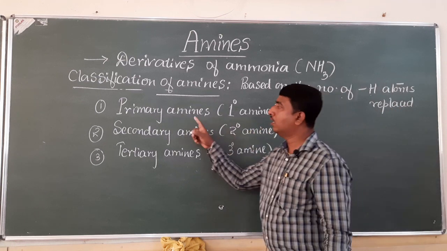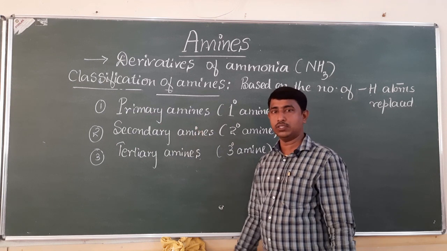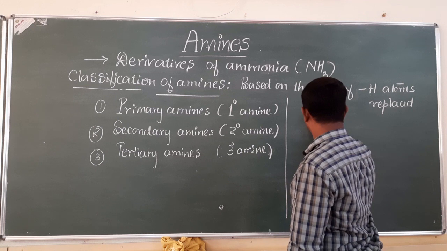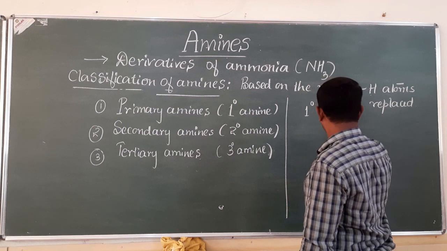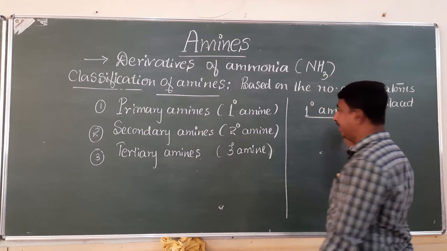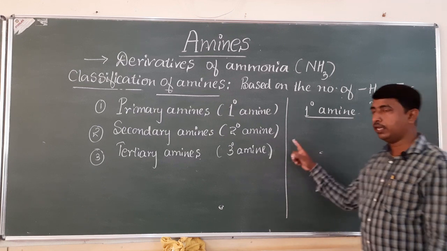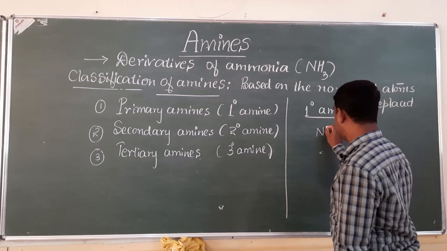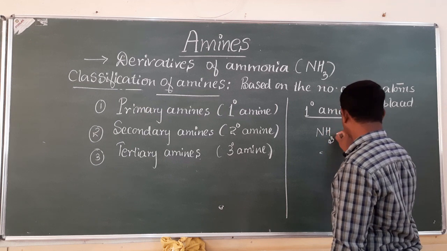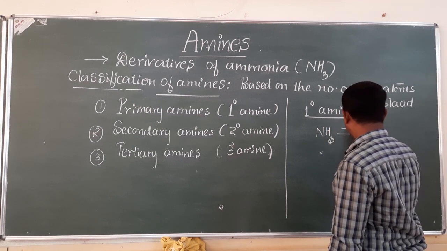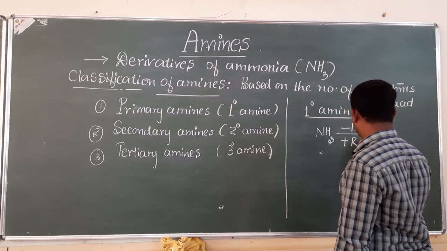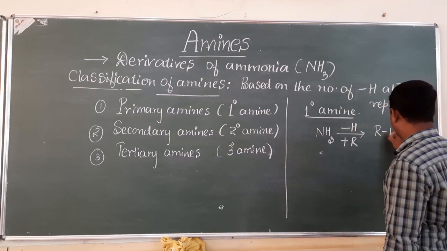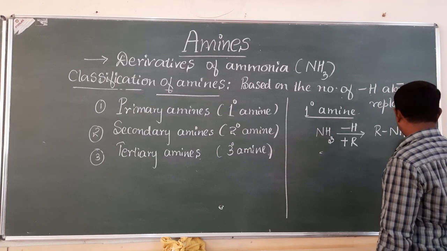Now let us see how a primary amine is obtained. A primary amine is obtained by replacing only one hydrogen atom. Ammonia is NH3. I replace one of the hydrogens by an alkyl group, R, and I will get RNH2.